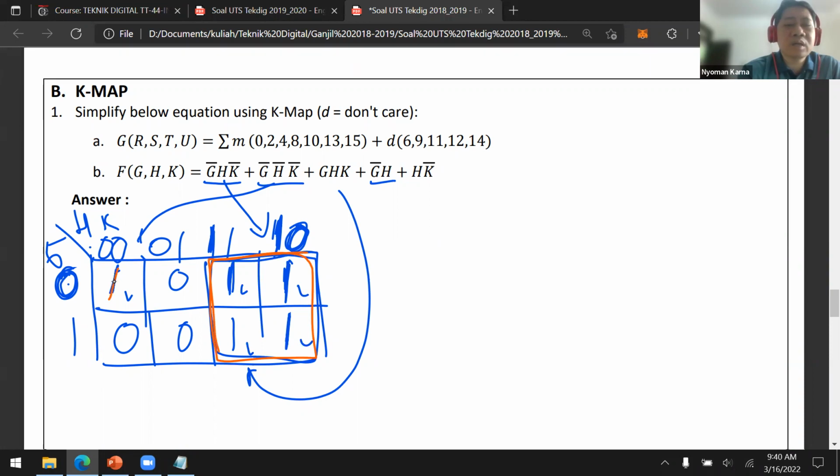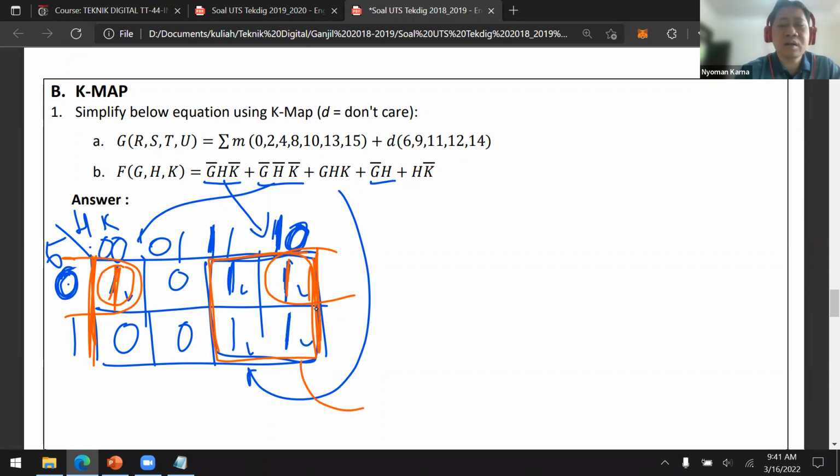Should we create it alone by itself? Yes, it could be, but it will be much simpler if we combine this cell with this. Remember that this side and this side are actually adjacent, so actually connected together. So this is adjacent with this.